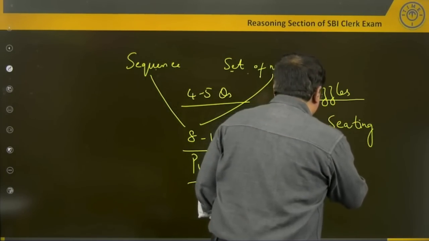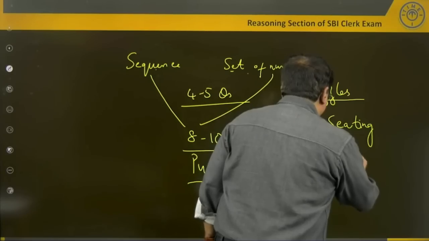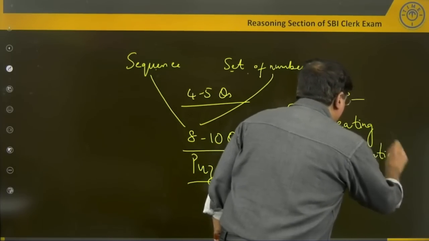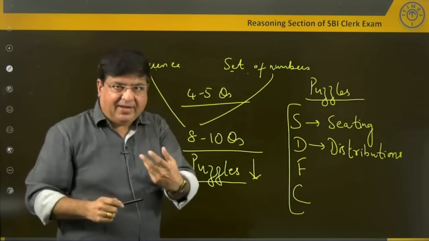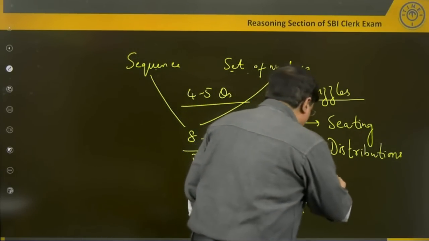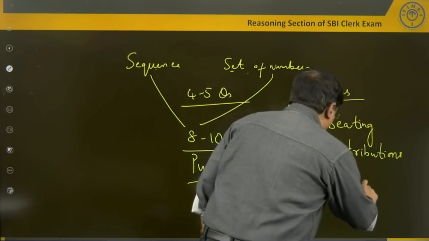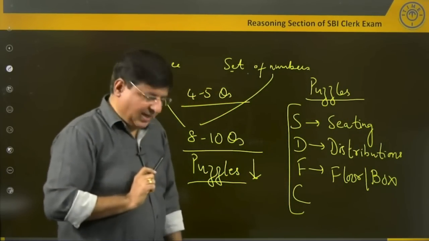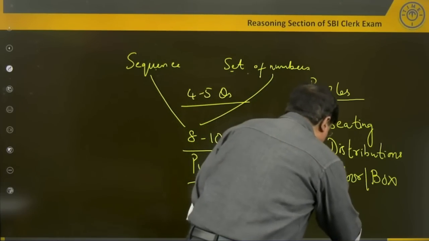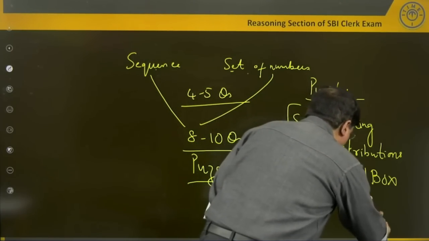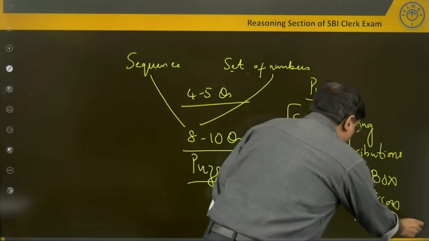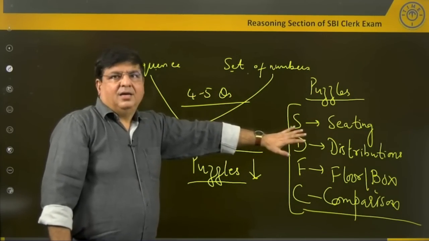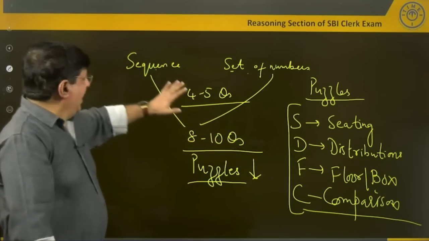D is for distribution. Months based puzzles, as an example. F is for floor arrangements and box arrangements, and C is comparison.